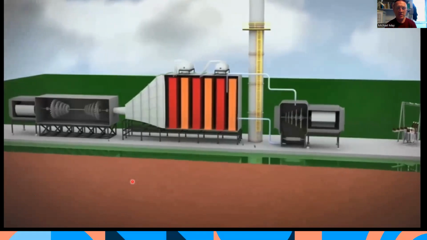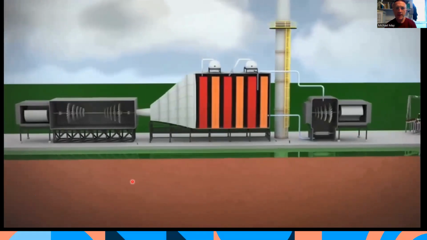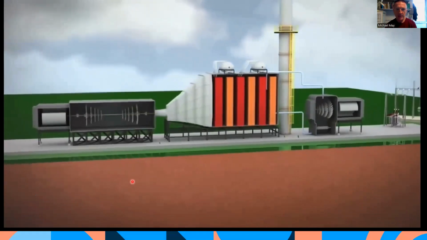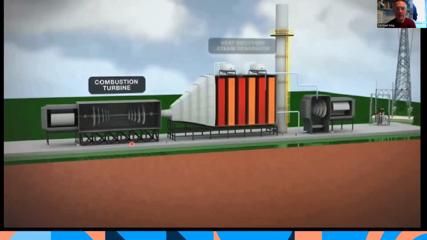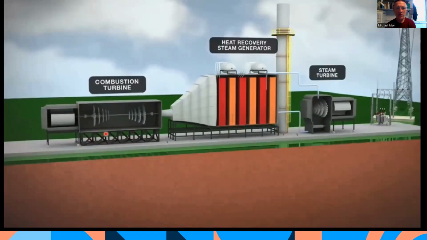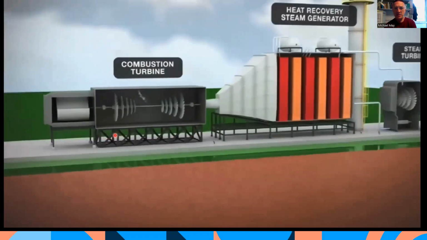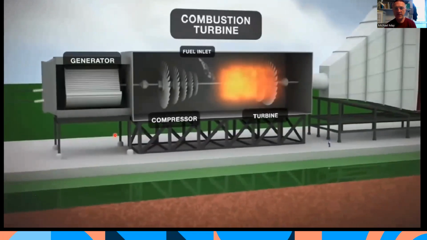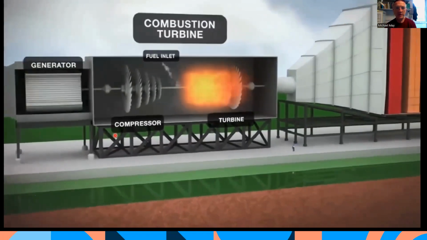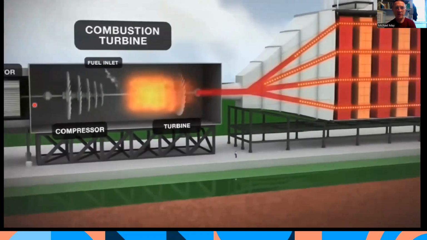So we've introduced the concept of the diffuser and the turbine, the gas turbine and steam turbine. So this is what we call a combined cycle gas turbine system. So what we have is a gas turbine up here, and compressed air is brought in, and it's mixed with natural gas, and it's ignited, and the energy drives the turbine and produces electricity in the generator over here.